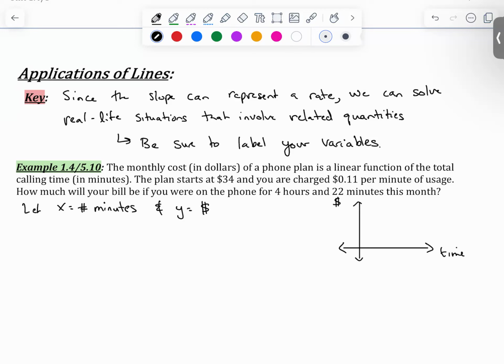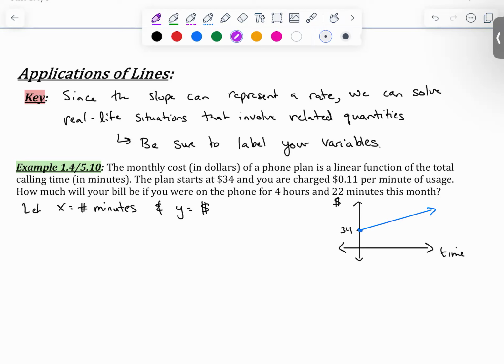And so it says that the plan starts at $34. So that actually tells us what the y-intercept is going to be. So that's our y-intercept. And we know that the plan is going to increase really, really slowly, but it will increase over time. In fact, it'll increase at a rate of 0.11 dollars per minute.